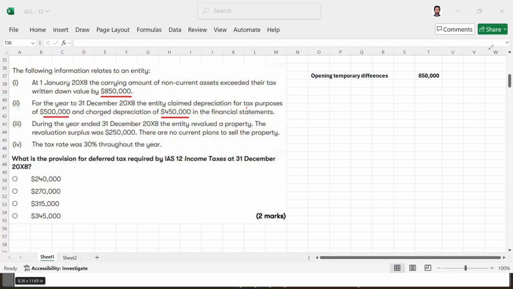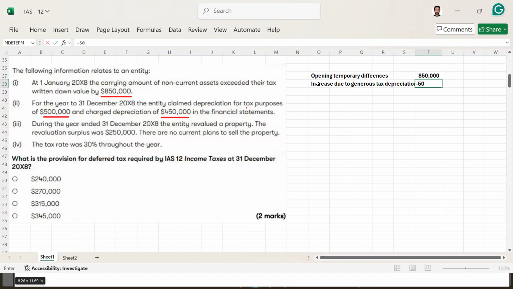So we can just write it here that the increase due to generous tax depreciation. The tax depreciation is more, so I say generous, because the tax authorities are generous. They give more capital allowances so that the businesses are encouraged to buy more of the non-current assets.